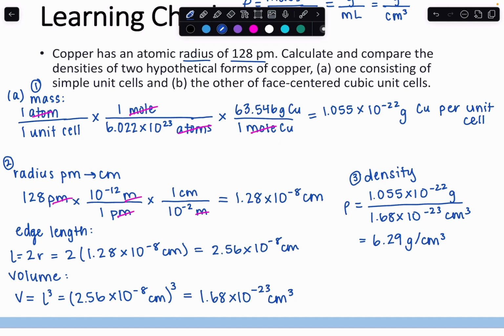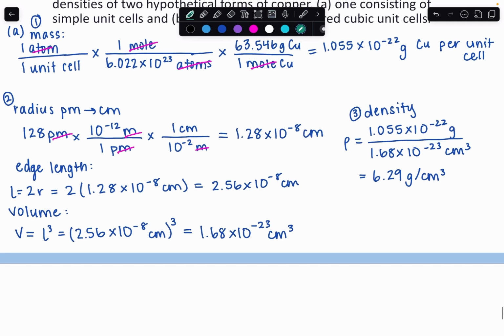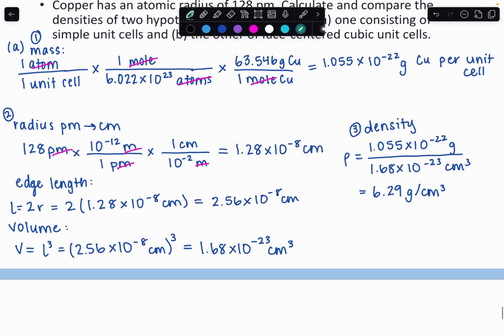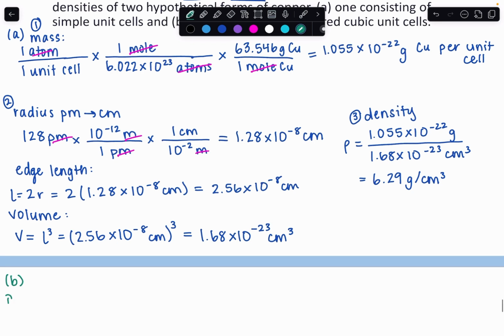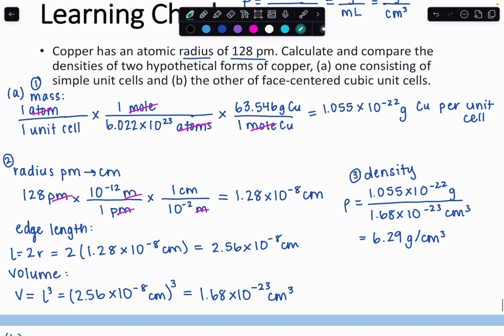If it is arranged in a different cubic cell, like face-centered, the density will be different. We have a different mass per unit cell and a different volume. So we'll move on to that now. I'm going to scroll down to do part B. Again, step 1 is finding the mass. Remember, part A was about simple unit cells.